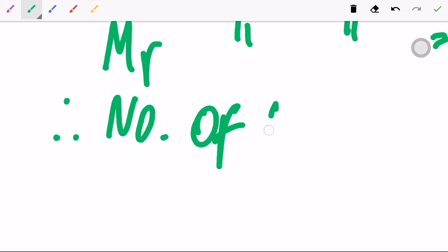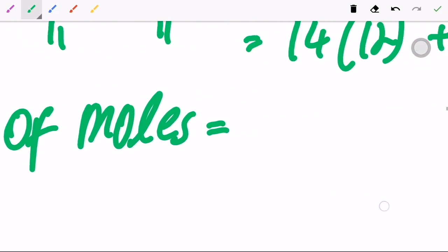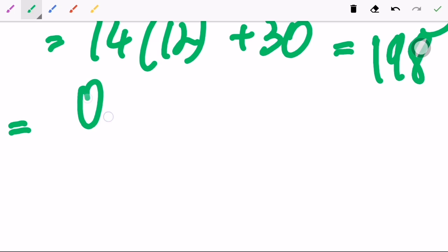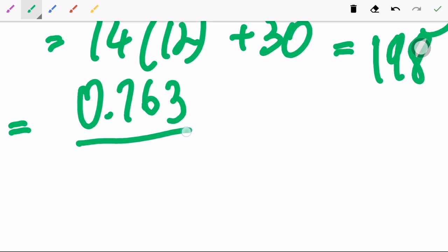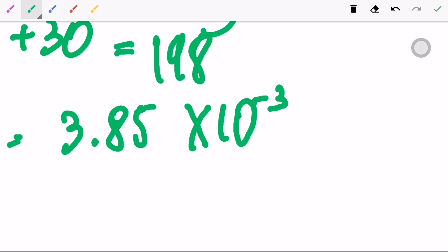Therefore number of moles is 0.763 over 198, which is 3.85 times 10 to the power of negative 3 mole.